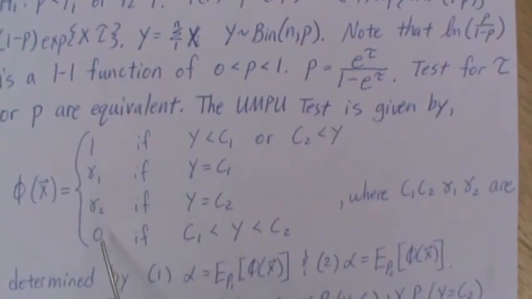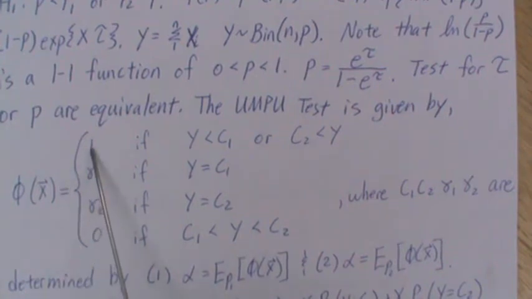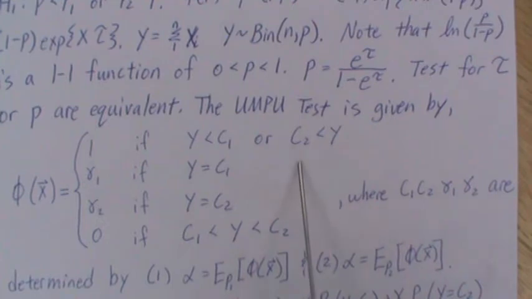If it's 0, it means do not reject. If it's a 1, it means absolutely reject. And if it's a number between 0 and 1, it means reject with that probability. And the test function is a 1 if y is less than C1 or greater than C2.